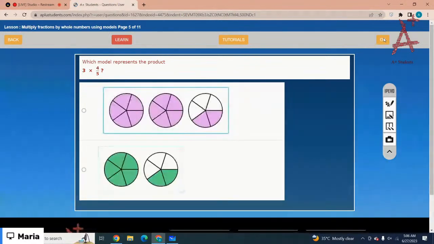Okay, which model represents the product 3 times 4 by 5? Which is the correct option?